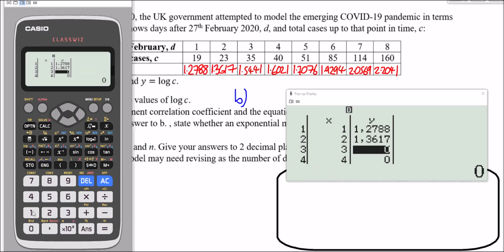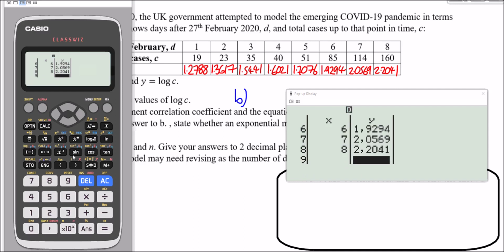Then 1.5441, 1.6021, 1.7076, 1.9294, 2.0569, and lastly 2.2041.